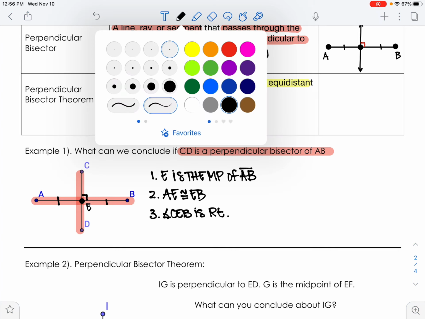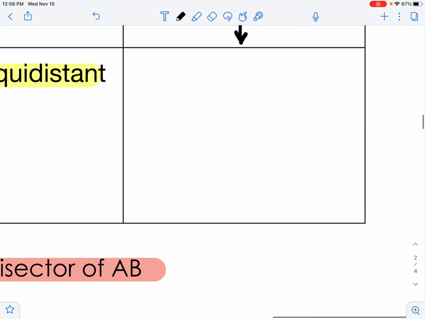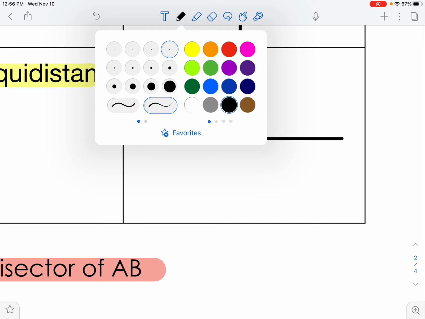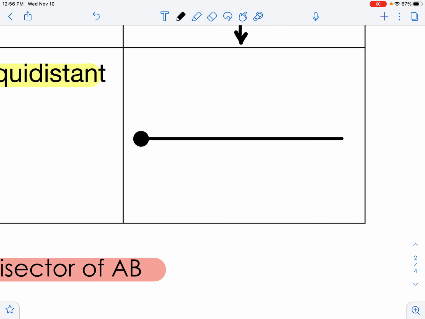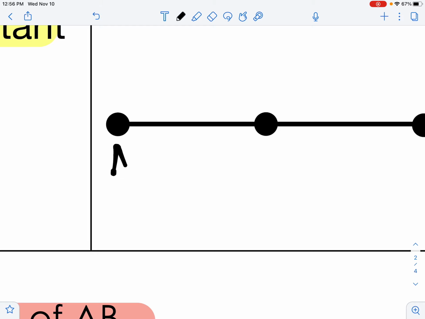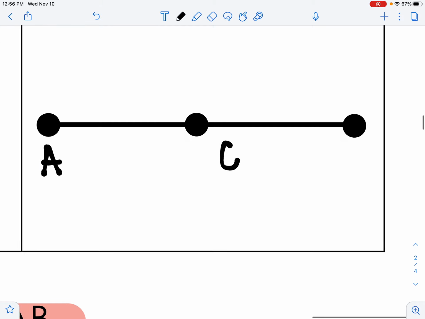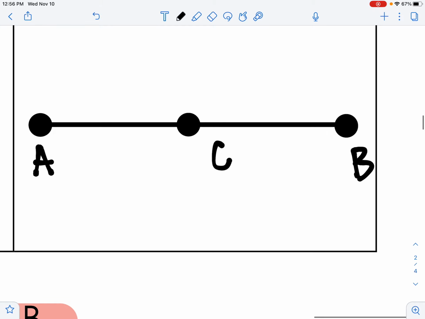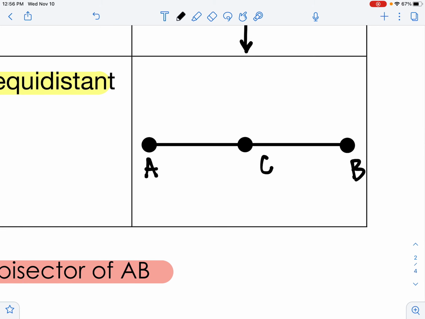So let's draw that picture. Let's start with segment AB again, and then eyeball the midpoint. Let's go straight across and label it A, C, and B. Now to make the perpendicular part, we're going to put this line passing straight through C so that it lies perpendicular to AB.